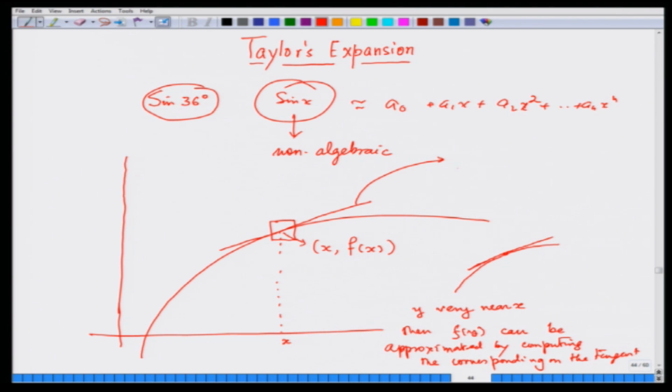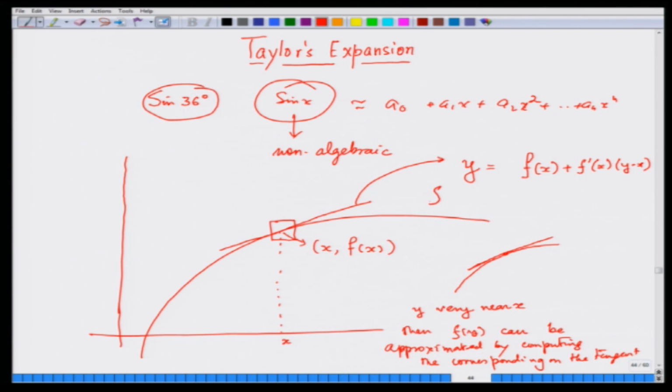So, the tangent equation for this curve is y is equal to f of x plus f dash x into (y minus x). You take any y here however near, f of y is slightly higher than the tangent value, but may not be very high.